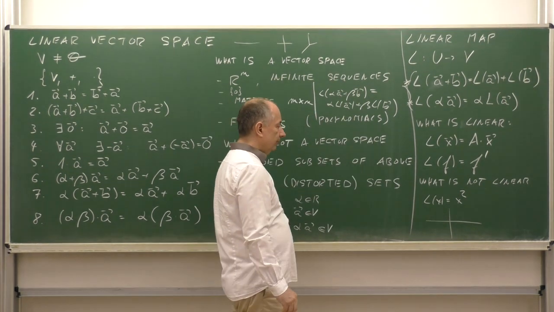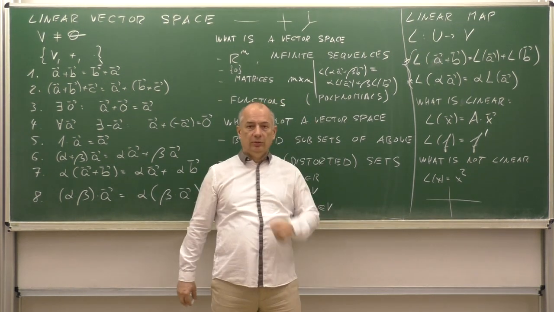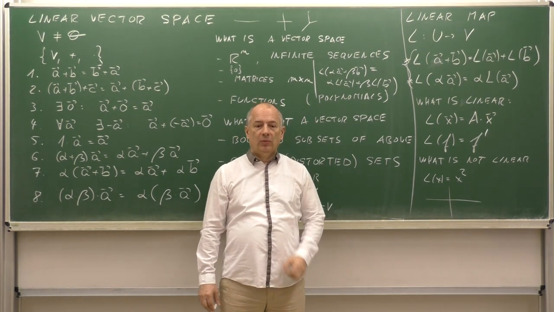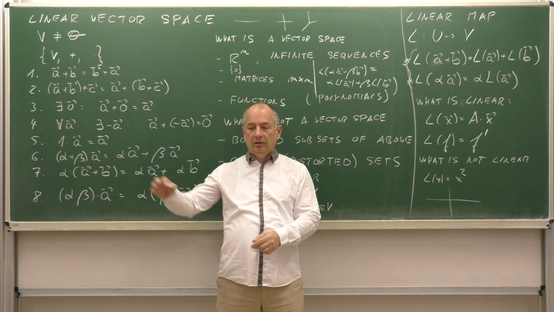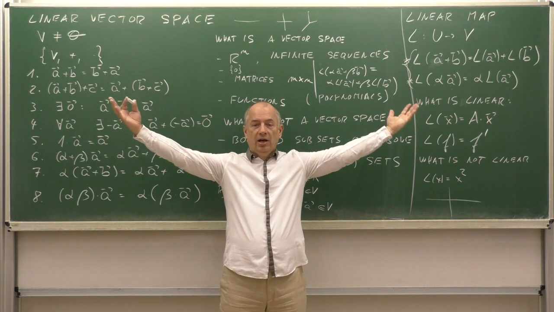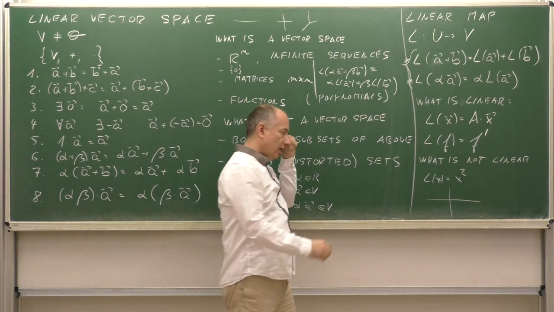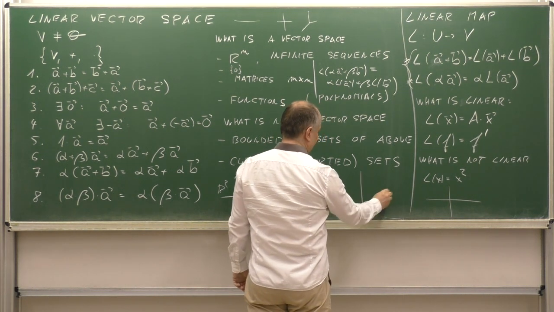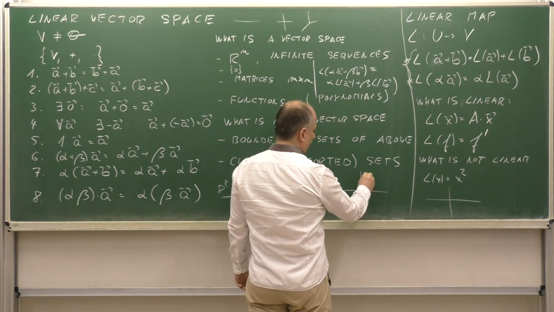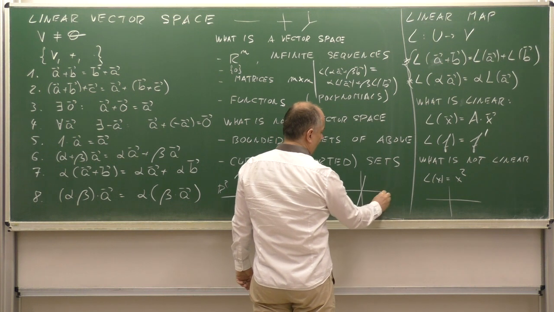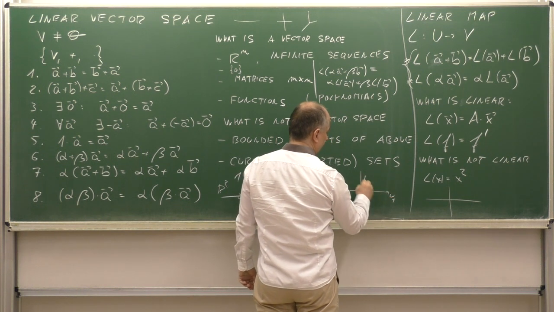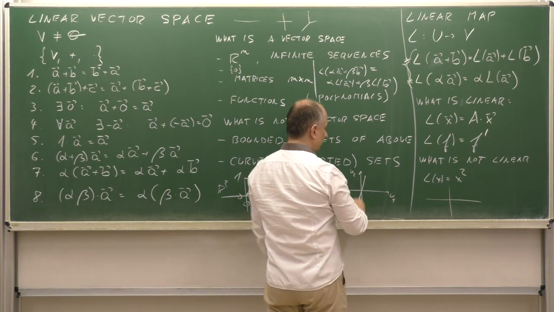As an example, consider a concert or pop music singer, microphone, amplifier, loudspeaker, and nice music. The amplifier has such a characteristic. This is the input voltage, and this is the output voltage.